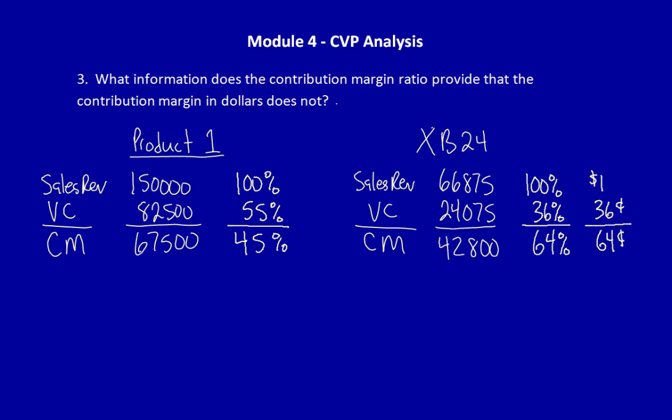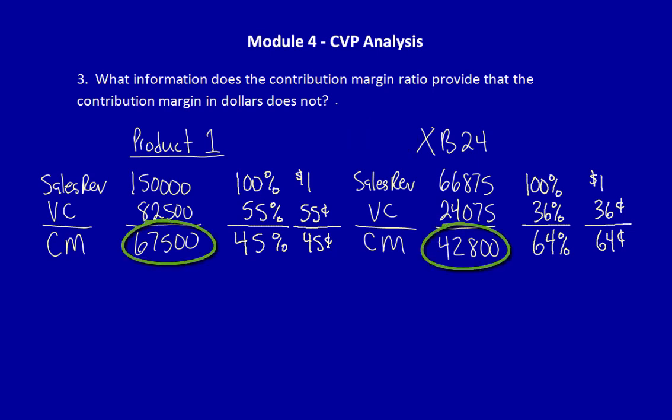For every dollar of sales, we get 64 cents in our pocket to cover fixed costs and operating income to make our external shareholders, such as investors, happy. For product 1, for every $1 of sales, 55% or 55 cents are used to cover variable costs, and only 45 cents end up going into our pocket to cover fixed costs and our operating income. We might choose to produce XB24 because it provides a bigger bang for every dollar we sell.